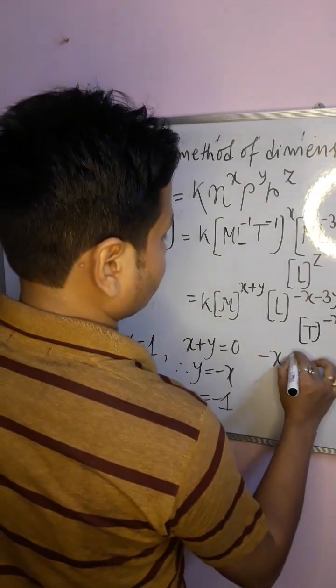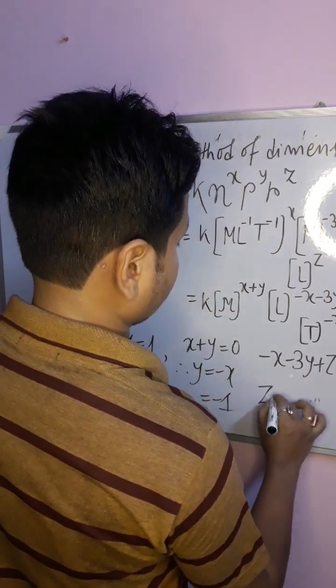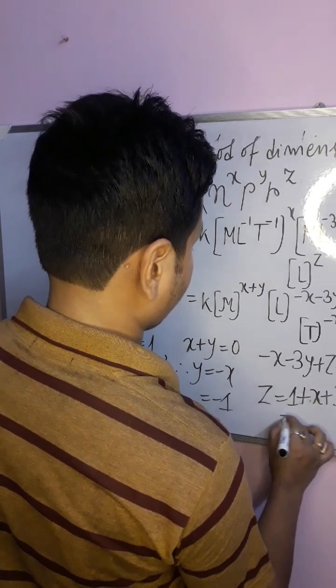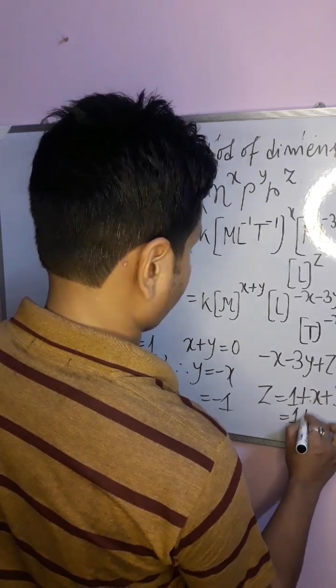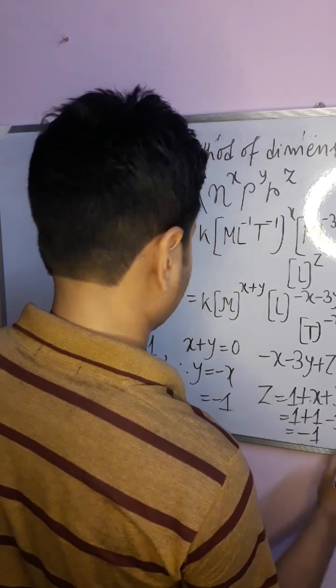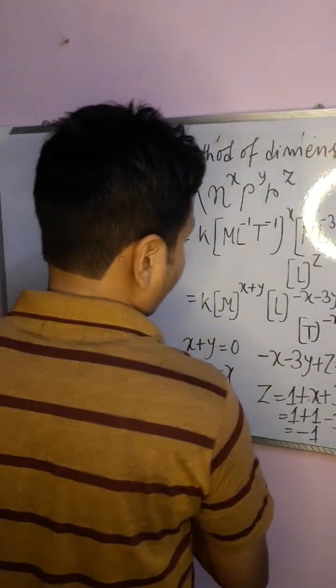And minus x minus 3y plus z equals 1, so z equals 1 plus x plus 3y, that is 1 plus 1 minus 3, which is minus 1. So x is 1, y is minus 1, z is minus 1.